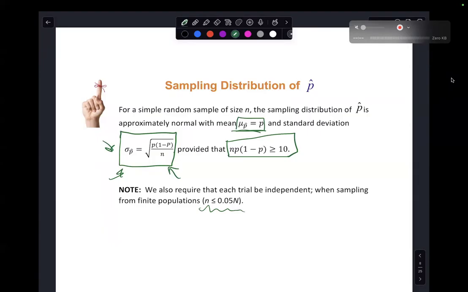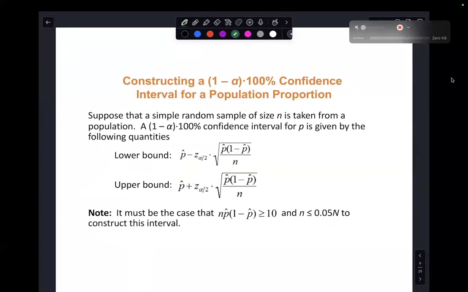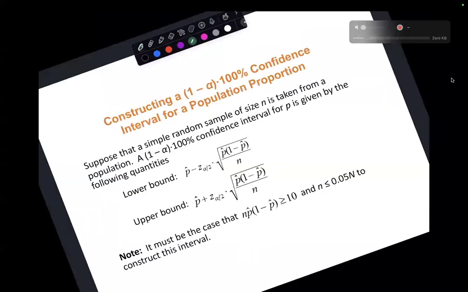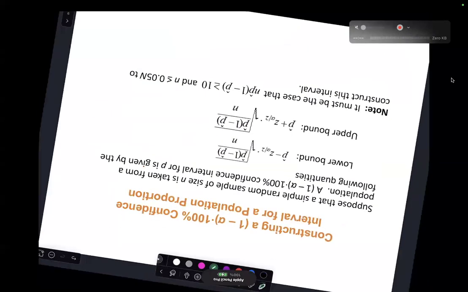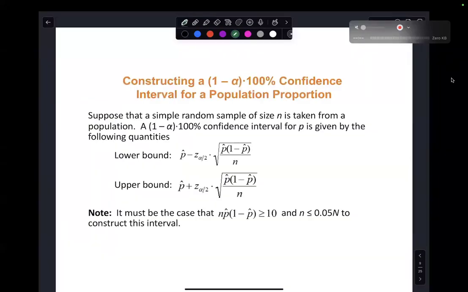All right. So this is how we calculate our confidence interval. So what we do is we take our p hat, so our point estimate, and we're going to determine, based on our level of confidence, how many standard deviations we can be away from the mean and still be within our confidence interval.